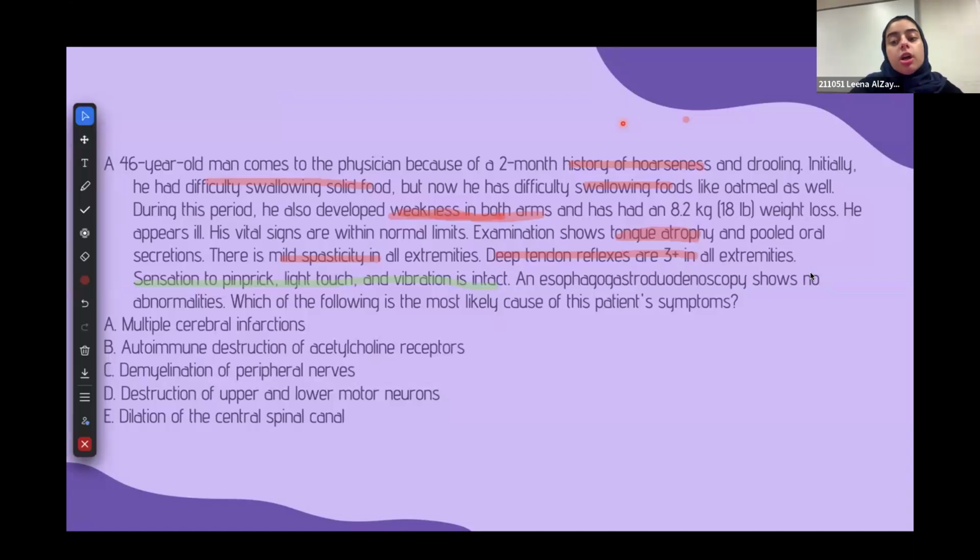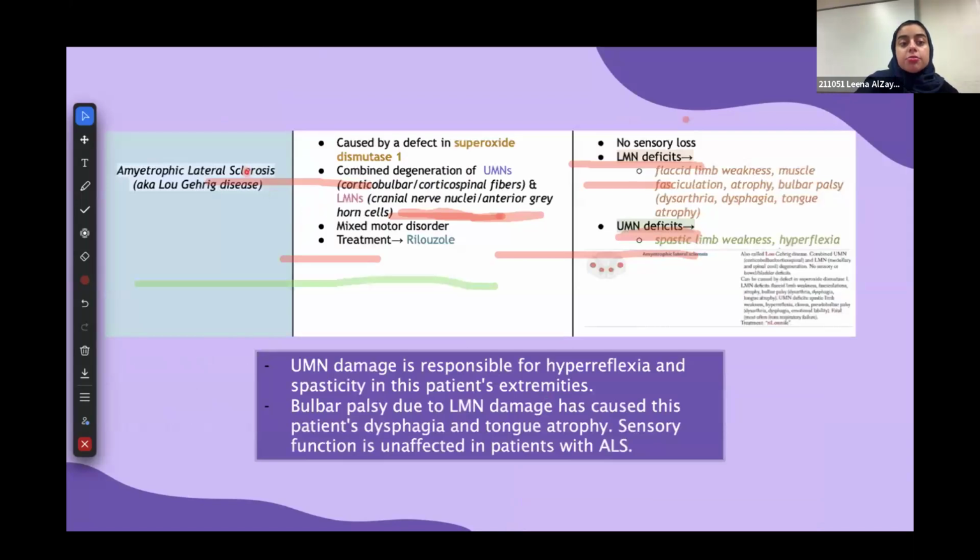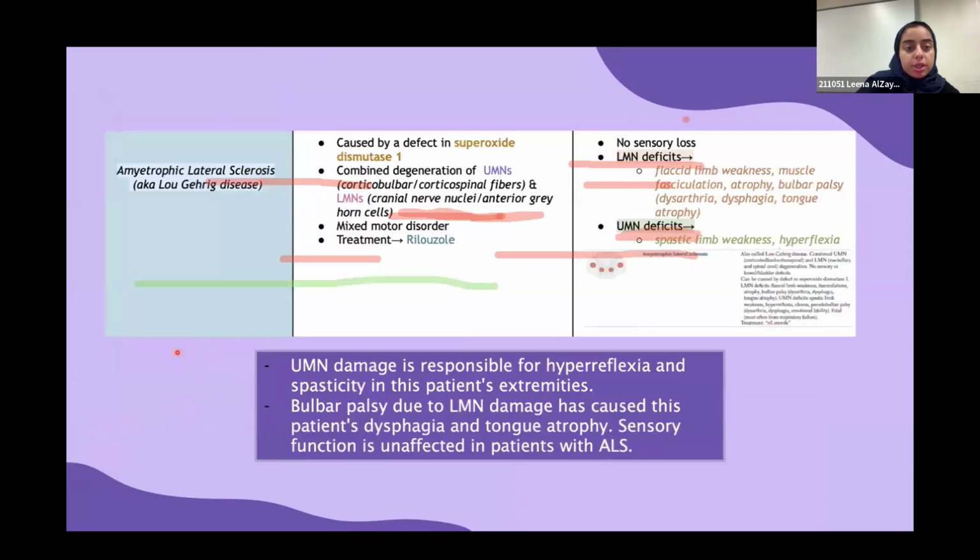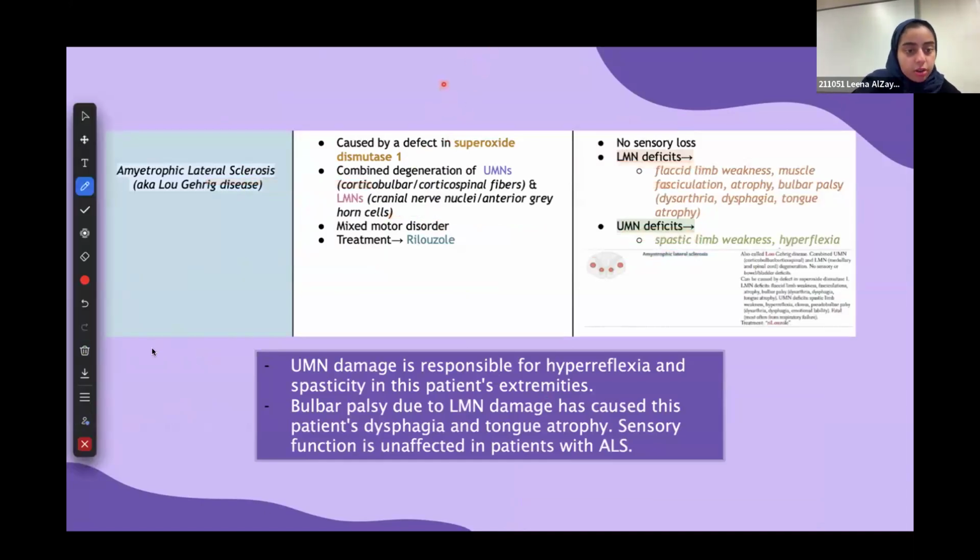Perfect explanation. So you're completely correct. The answer is D. It is destruction of the upper and lower motor neurons, and this is for lateral sclerosis. I'm sorry, I don't know how to remove this, I will clear all my drawings.